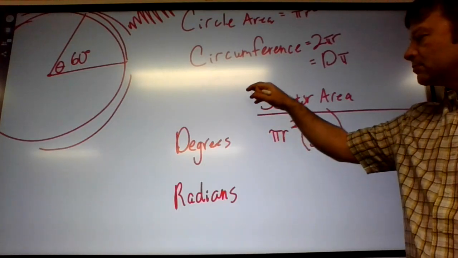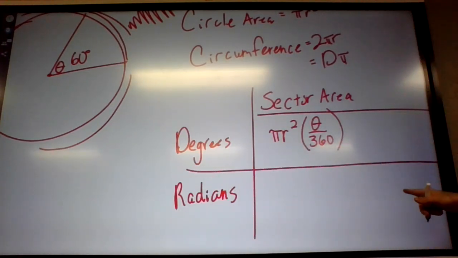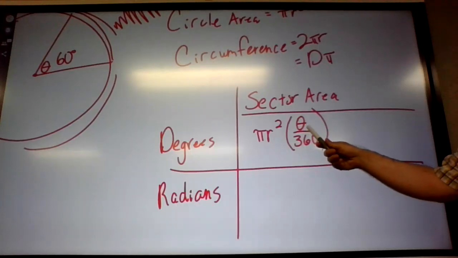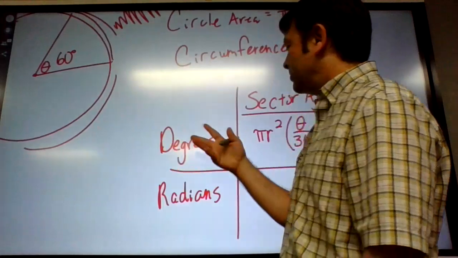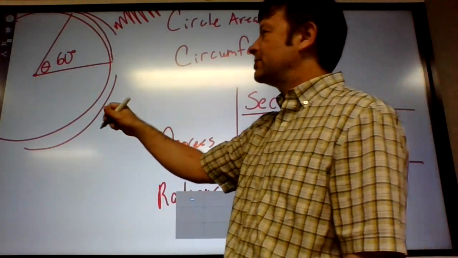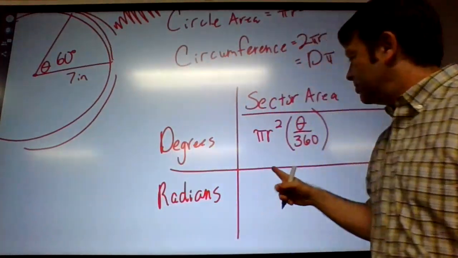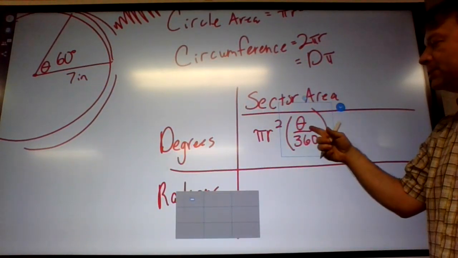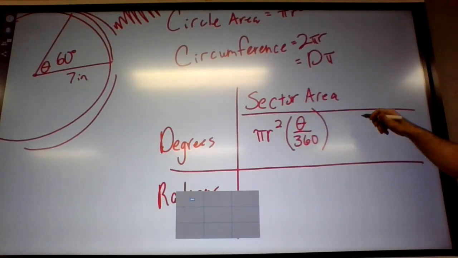Okay, what's theta represent? The angle. The central angle, the angle of the sector. And r represents the radius. So maybe it's like 7 inches or whatever. All you do is plug that in. 7 squared times pi times 60 or whatever over 360. And that is the sector area.